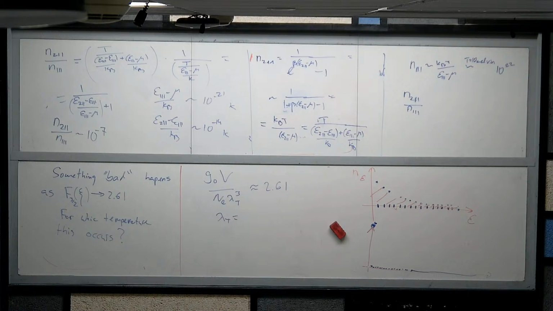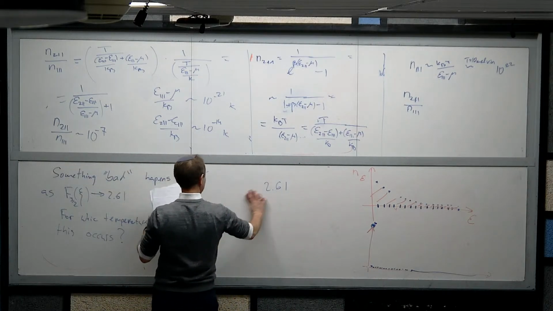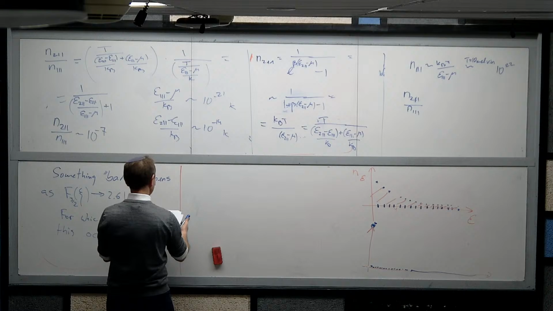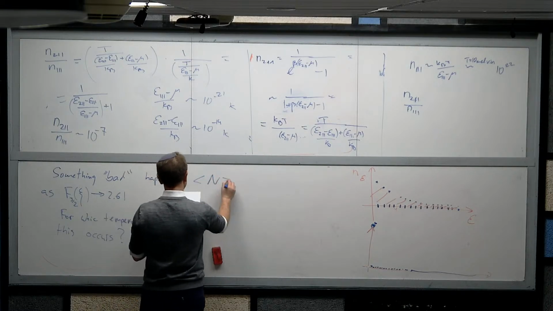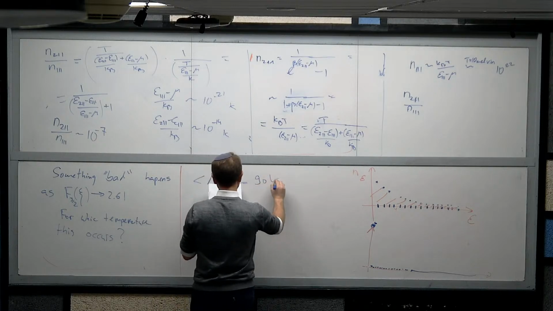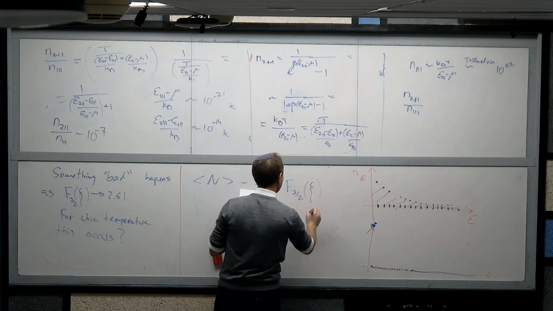What's in the denominator? Just a second. So what we have is the following. We know that N is g0 V divided by lambda T to the third power times f 3/2 of the fugacity.